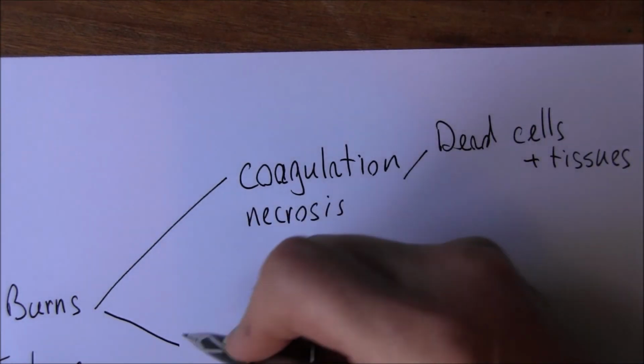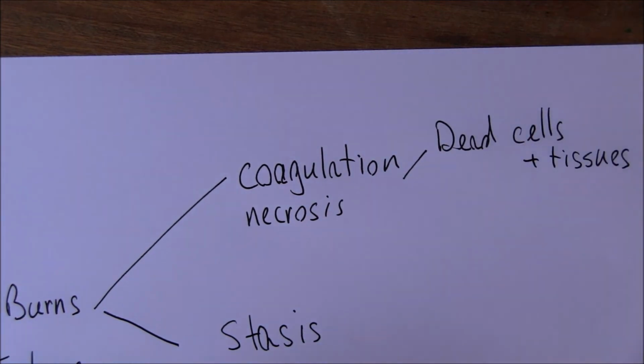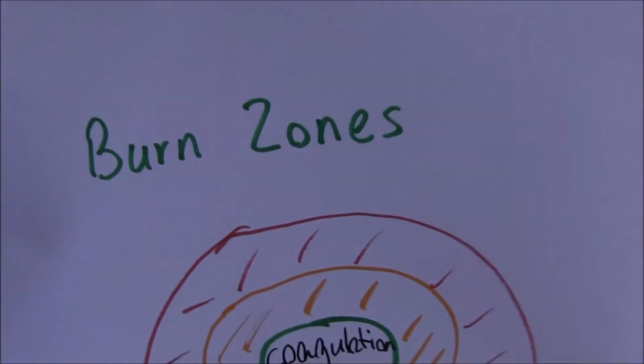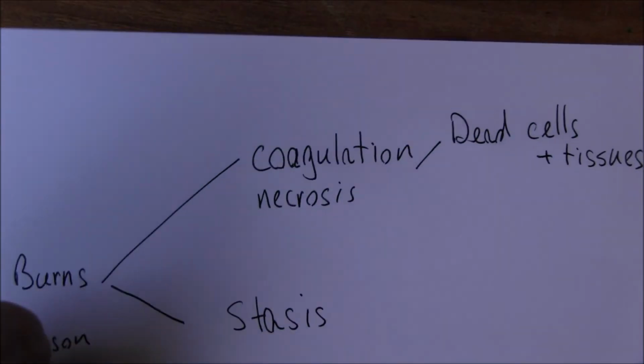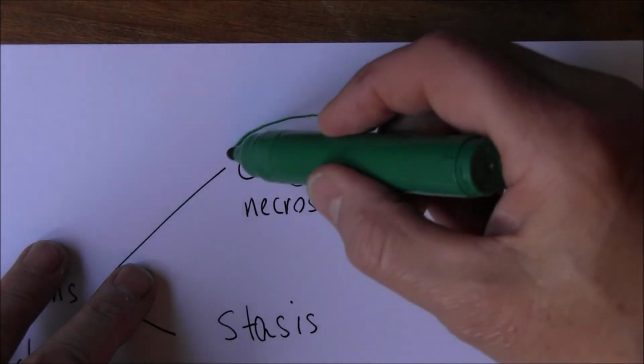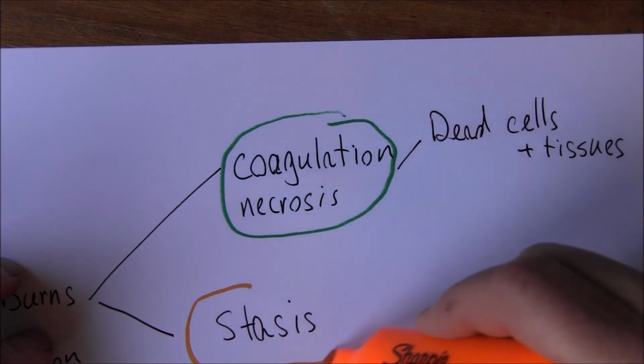Now the next zone is the zone of stasis. Now this zone of stasis here, just remind ourselves of the original diagram. So the coagulation zone and the zone of stasis. So the coagulation zone we did in green, and the zone of stasis we did in this orangey colour.